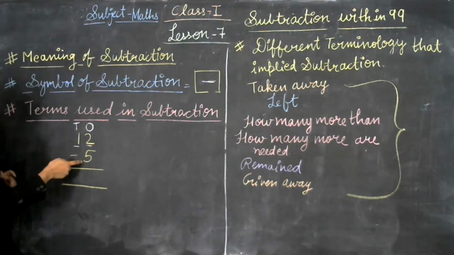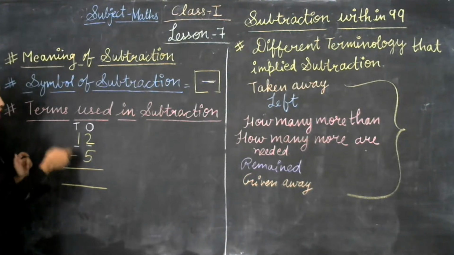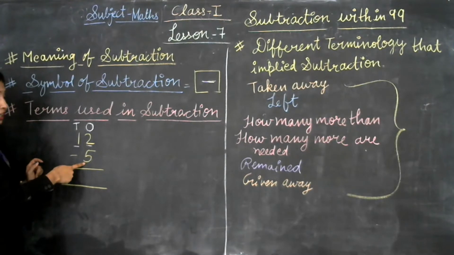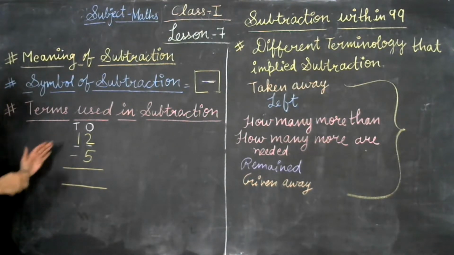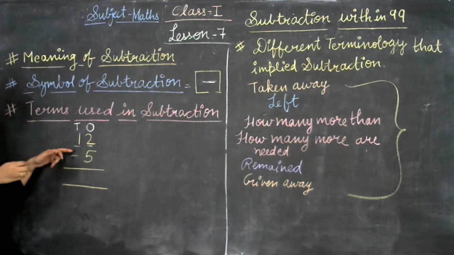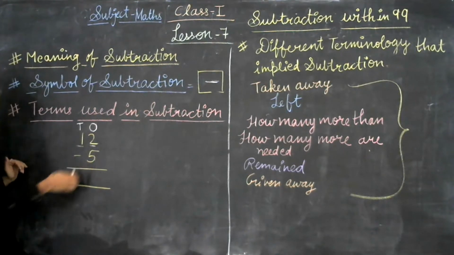Why? Because 5 is a smaller number and 12 is a greater number. So 2 is a smaller number and 5 is a greater number, so we can't subtract the places separately. That's why we will subtract these 2-digit numbers all together. Okay, so 12 minus 5.